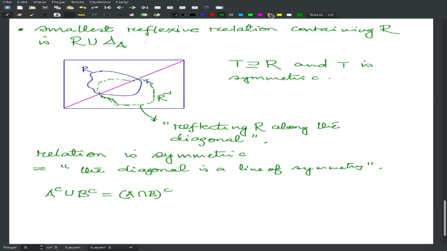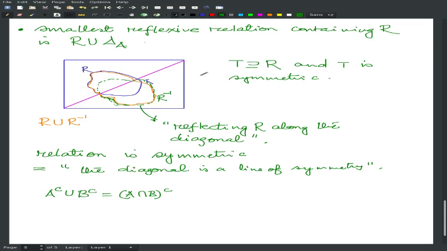This whole thing, in this third color, orange or whatever, obviously has the diagonal as the line of symmetry. So a plausible answer should be R union R inverse. But let's see. Yes, it is.